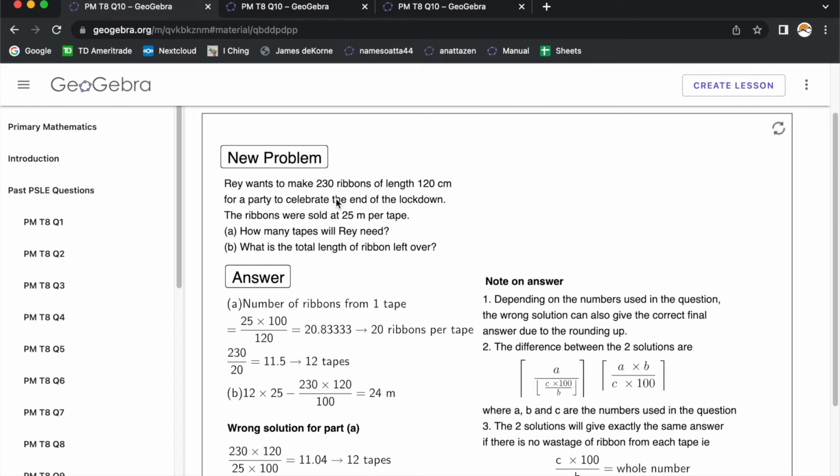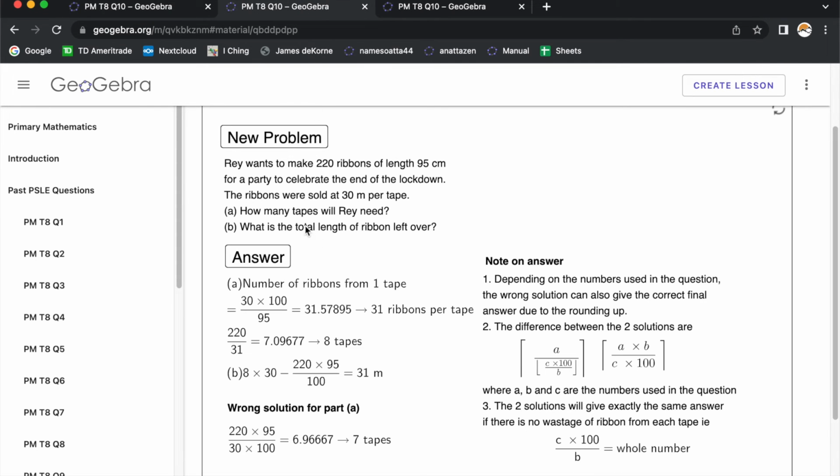So this is the problem that we have just discussed and worked out. You can see that for both the correct and the wrong method, we get the same answer of 12 tapes. This is another example with different numbers. In this case, the correct method gives us 8 tapes, while the wrong method gives 7 tapes.